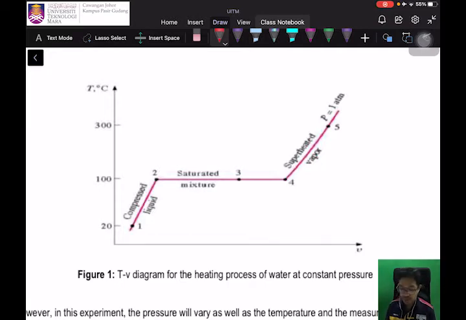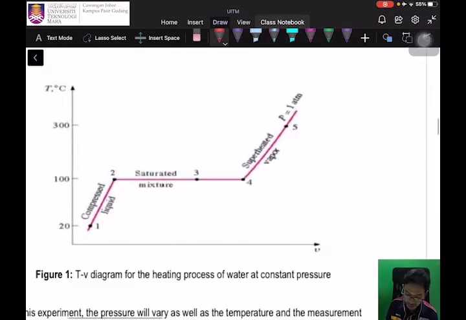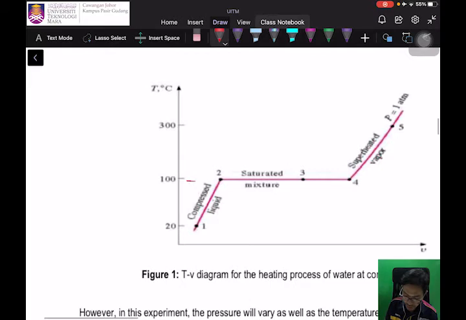And then state number 4 is a saturated vapor, and then it will reach the superheated vapor if you boil higher than the saturated temperature.